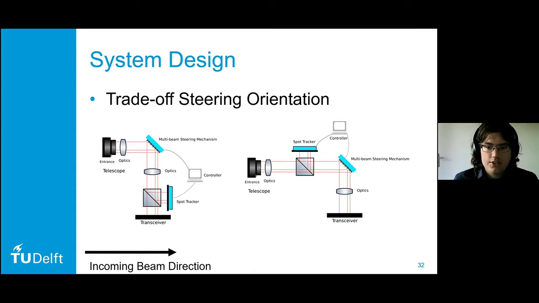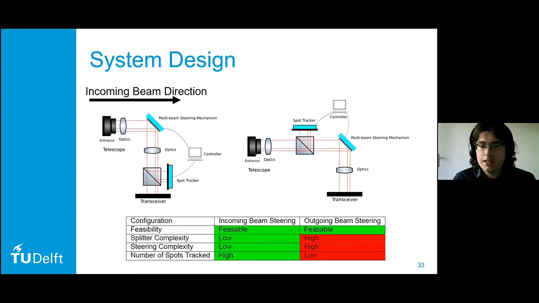If we consider two options here, there are two main ways I found that you could steer multiple beams at once: either you steer the incoming beams or you steer the outgoing beams. What I found is that there's actually quite a significant difference. On the left, you can see it's steering incoming beams, and on the right, it's steering outgoing beams.